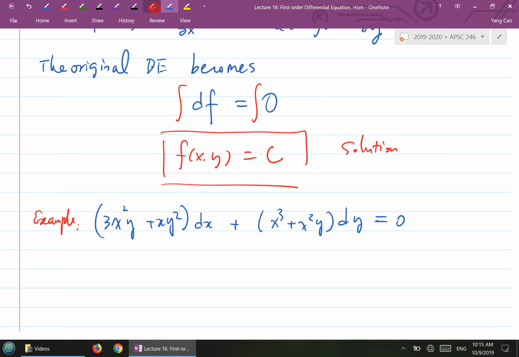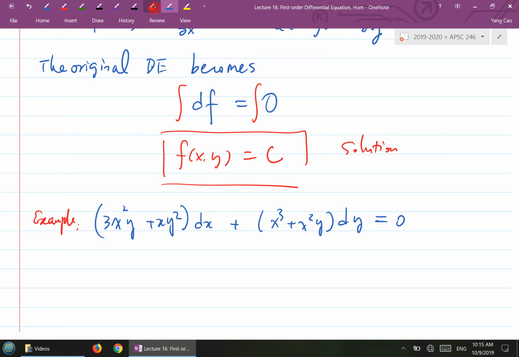And for this differential equation, without telling you how we get this, I can tell you that we can find this function f equal to x cubed y plus 1/2 x squared y squared, such that if you check it out, the partial f over partial x, if you do a partial derivative of f over x, you get this function p.